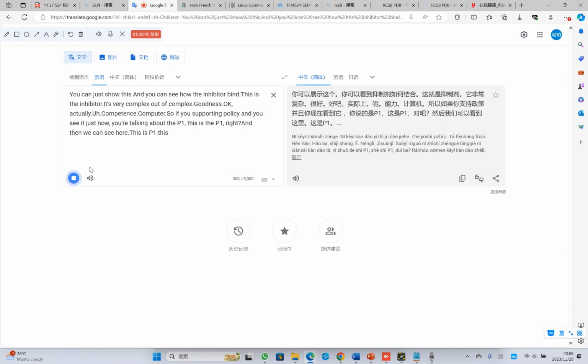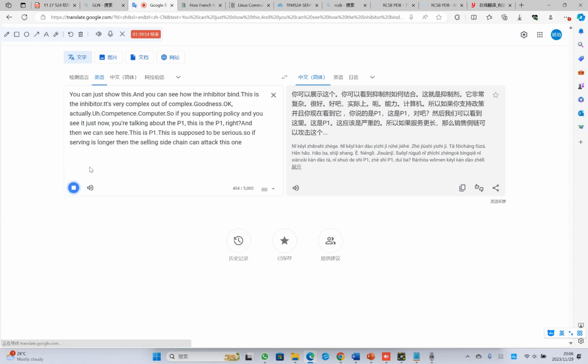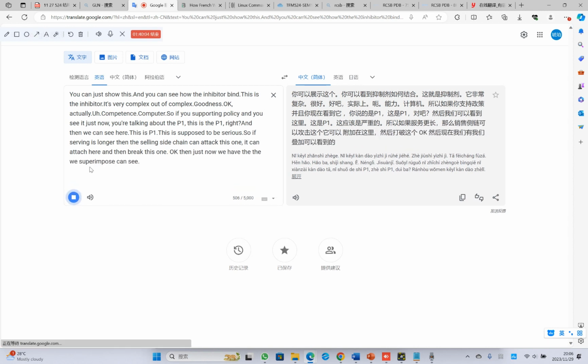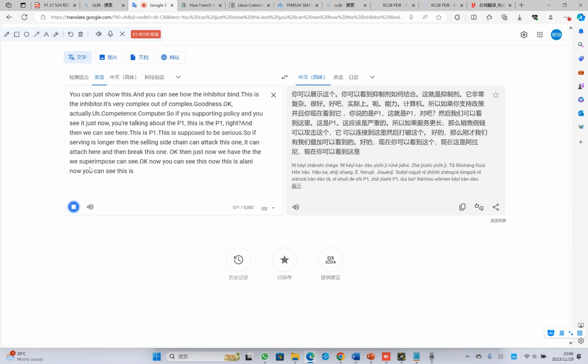This is supposed to be serine. If serine is longer, then the serine side chain can attack this one and break this one. Now this is alanine, and this is serine.